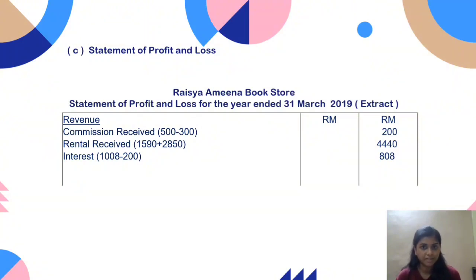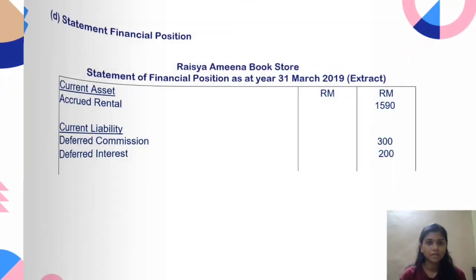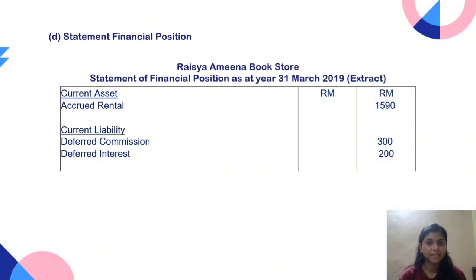And the last account is the interest. We have to deduct the deferred amount, which is 200, from 1,008. And the last statement is the statement of financial position. Under current asset, we can find accrued rental with the amount of 1,590. Under current liability, we can find deferred commission with the amount of 300 and deferred interest with the amount of 200.